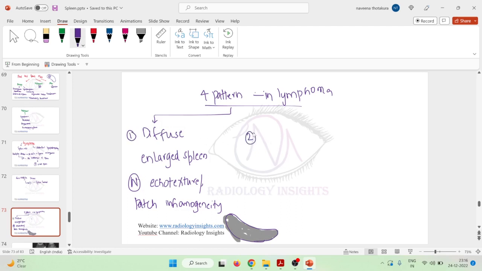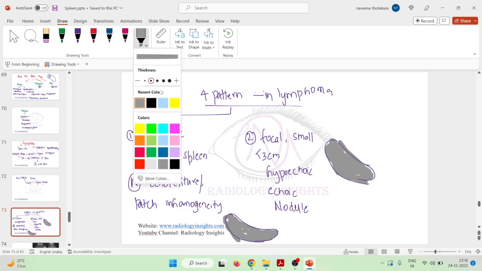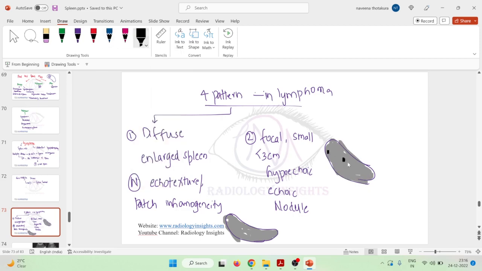In the second pattern, there can be small, that is less than 3 centimeters, focal hypoechoic nodules. For example, if this is the spleen with its normal echogenicity, you might see small hypoechoic nodules of less than 3 centimeters.